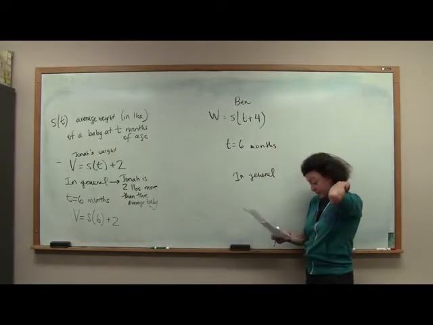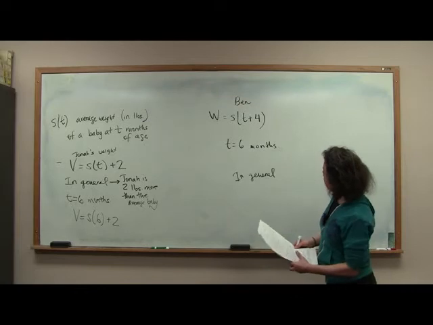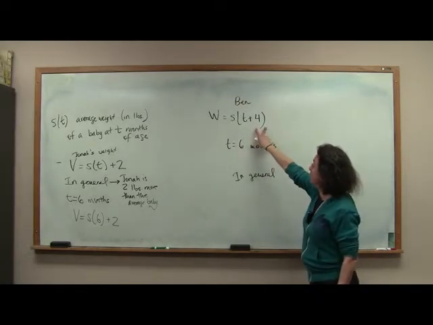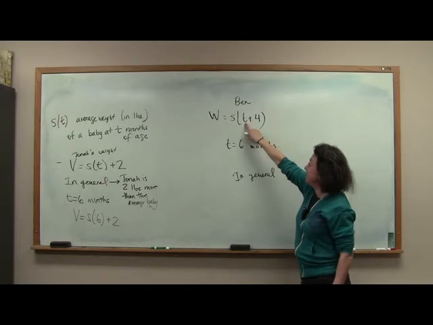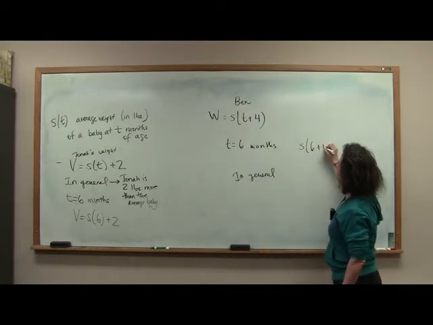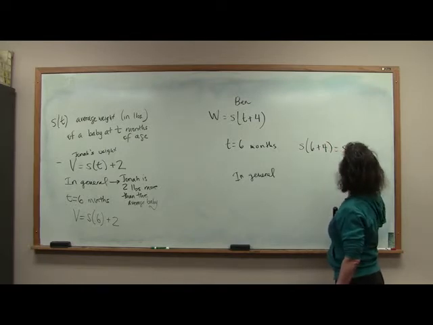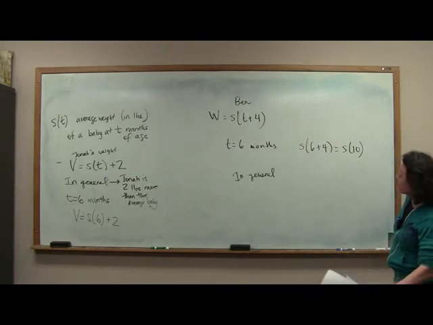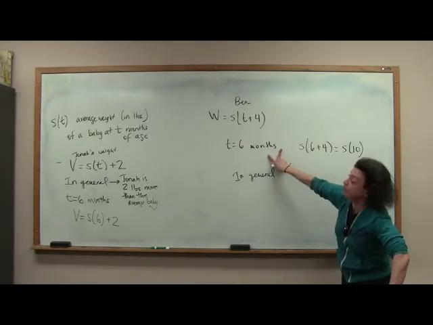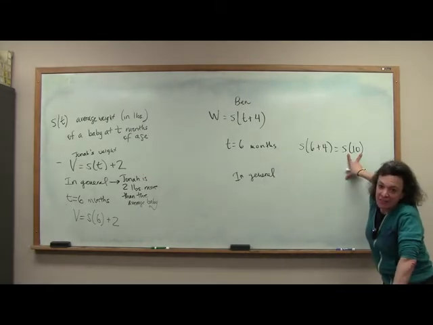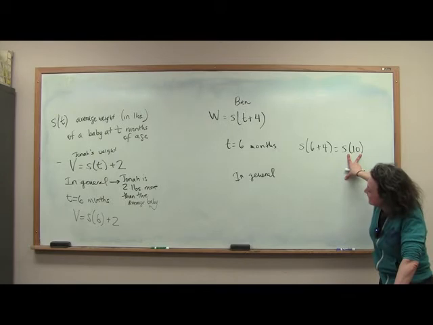At 6 months, what can we say about Ben's weight? Well, we plug in 6 here. So S of 6 plus 4, in other words, S of 10. So aren't we saying that at 6 months old, Ben weighs about the average of a 10-month-old?